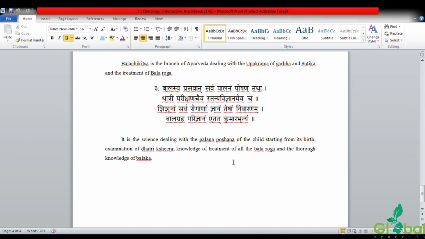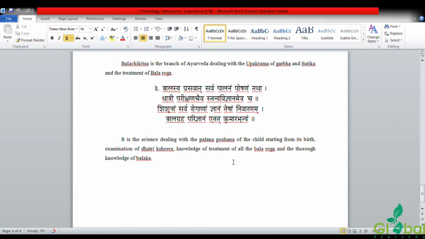So he is telling it is a science dealing with the palana and poshana. After the delivery, all the palana poshana, dhatri parikshana, the examination of the wet nurse, stanya vijnanam, and also the knowledge about breast milk.